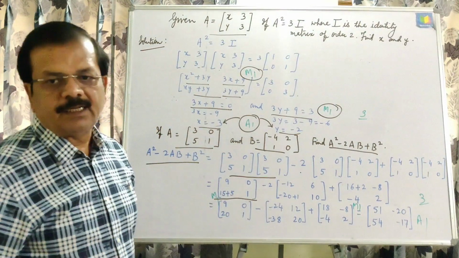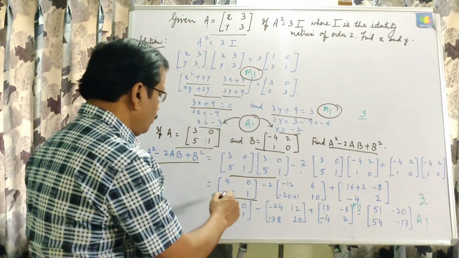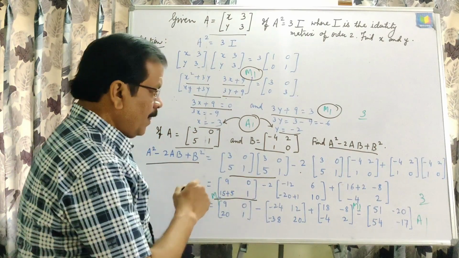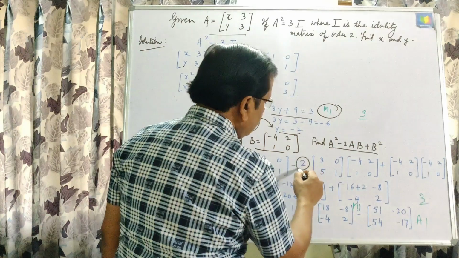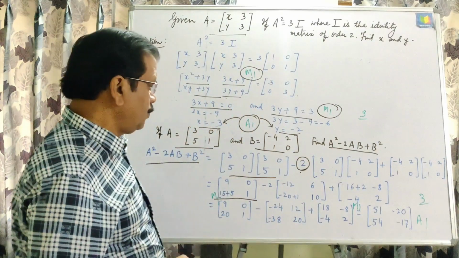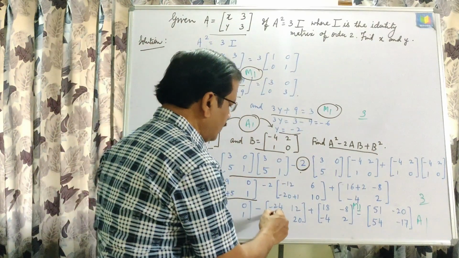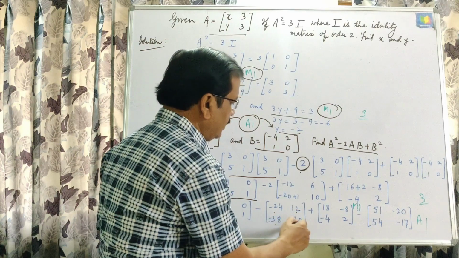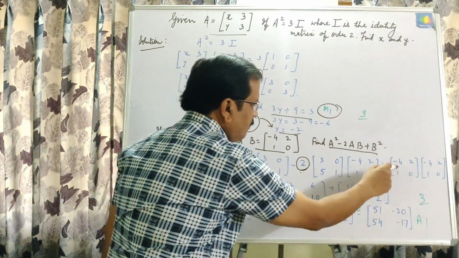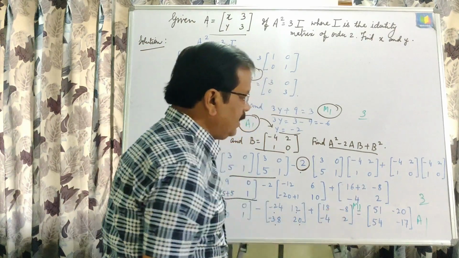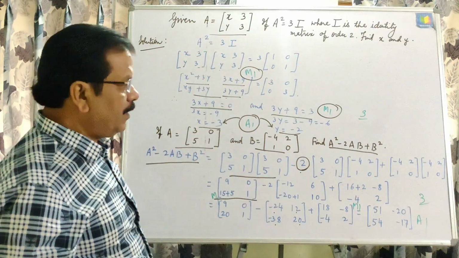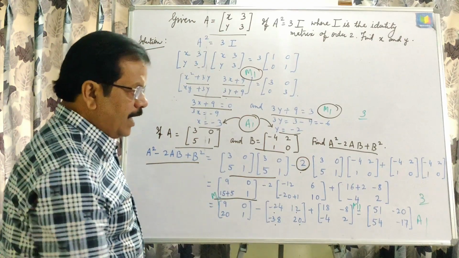After multiplication, we are getting 9, 0 and 20, 1. And here, after multiplying and then scalar multiplication, we are getting minus 24, 12 and minus 38, 20. And this one after multiplication we are getting 18, minus 8 and minus 4, 2. The same way we multiply and then get the answer.